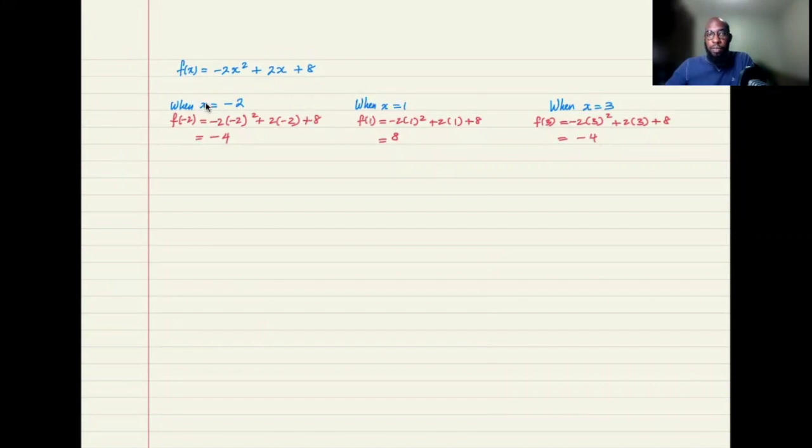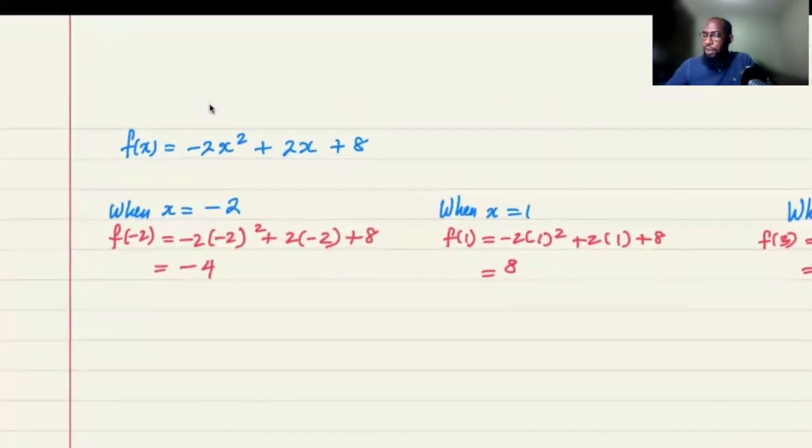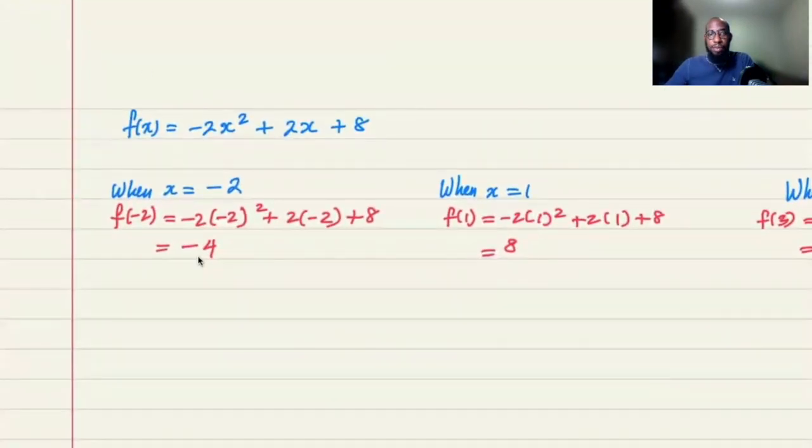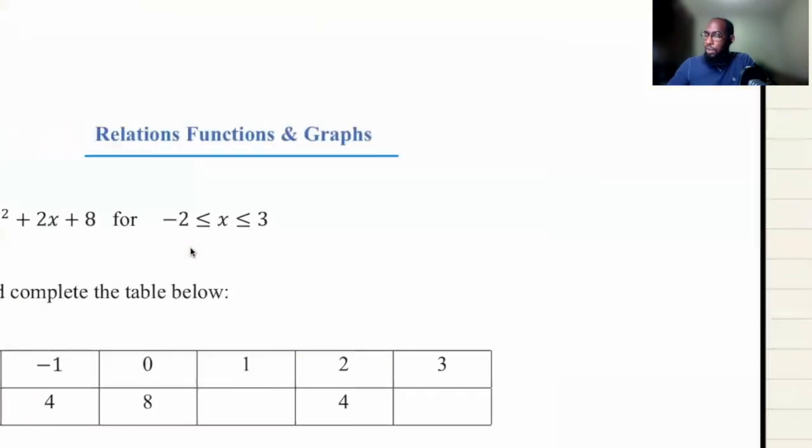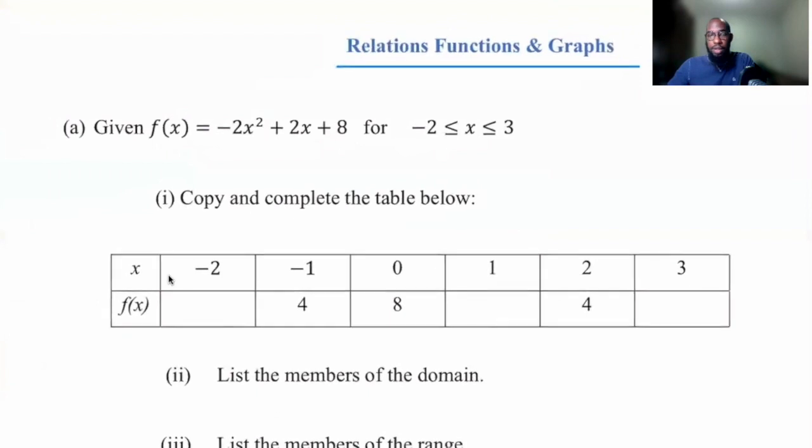So when x is negative 2, let me zoom this here. When x is negative 2, f of negative 2 is negative 4, so here I will put negative 4.